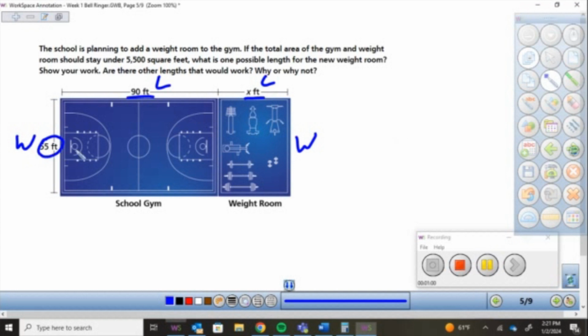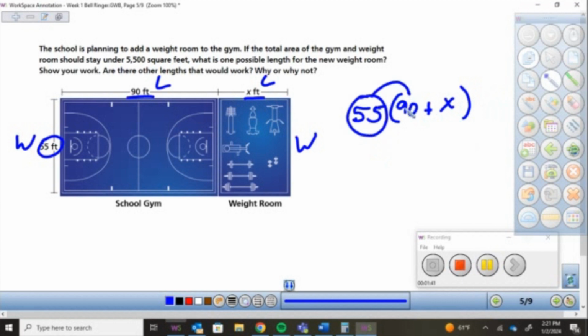Since the 55 feet is the same on both ends, but the length is different, 55 is the common factor, so it goes out front. Then in our parentheses, we have 90 for the first length for the basketball court, plus x, which is the length of the weight room. Now we use distribution to solve the problem.